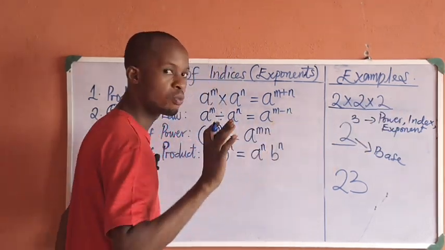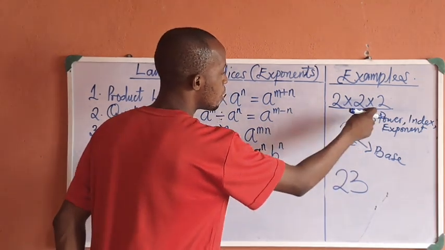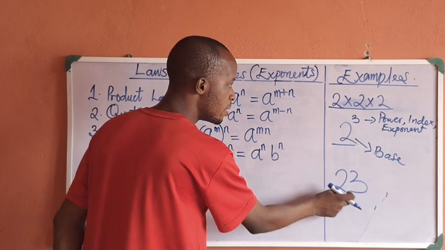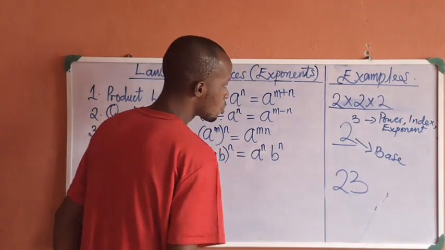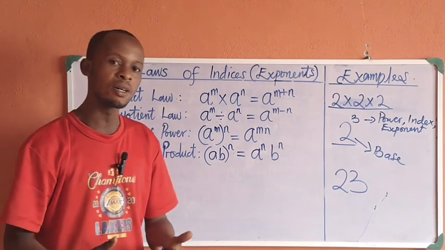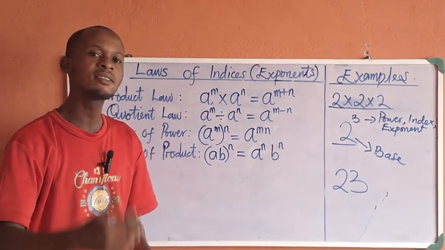But the most common way this is pronounced is simply 2 raised to the power of 3. It's not written as 23. Please take note of that. So, indices tell us the number of times a number is multiplied by itself.